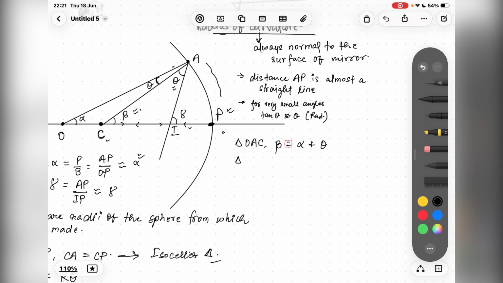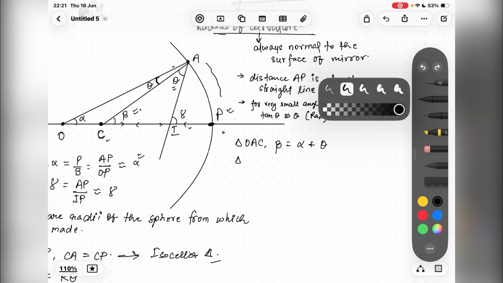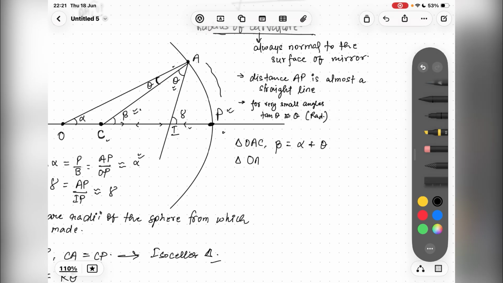And in triangle OAI, we have gamma equals alpha plus 2 theta.